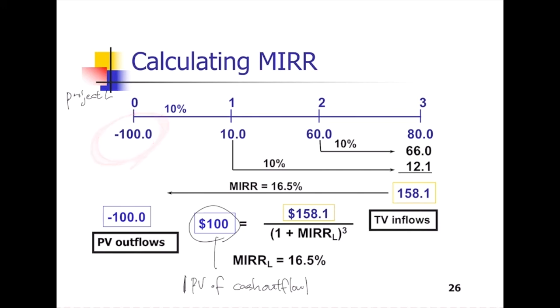At T0. And right hand side, the numerator is terminal value of cash inflow. So here is cash inflow, right?